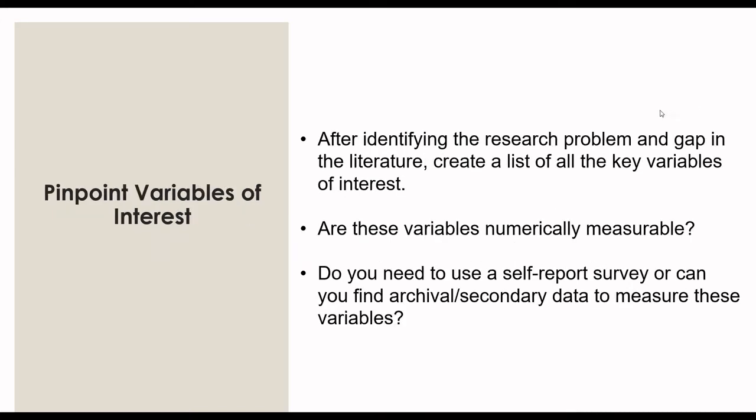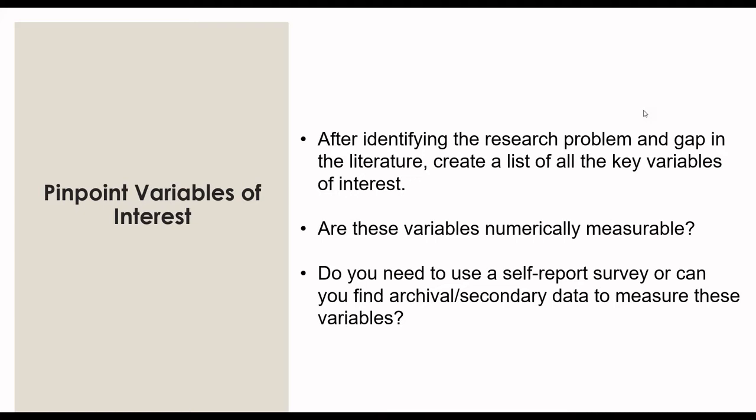Okay. So after you've identified your research problem and the gap in the literature, you want to create a list of all your variables of interest. If you're doing a quantitative study, then obviously these need to be numerically measurable constructs.